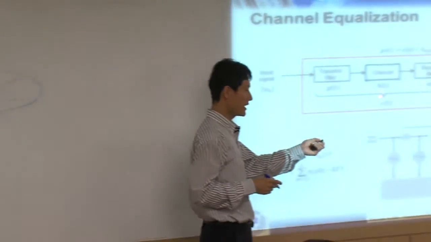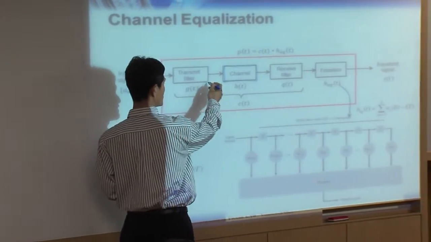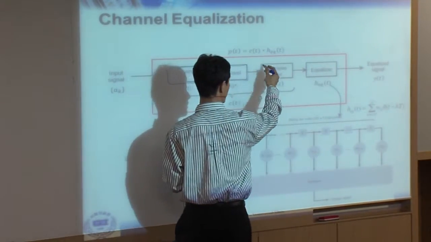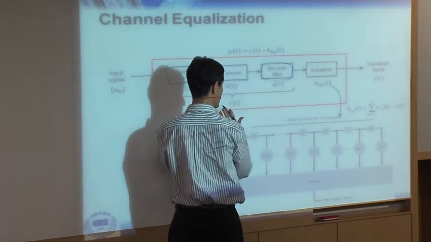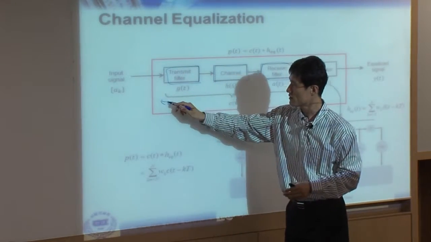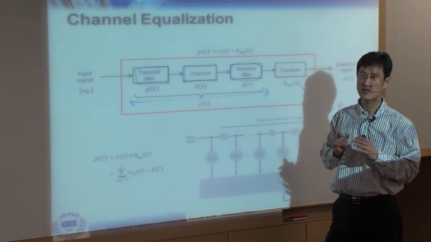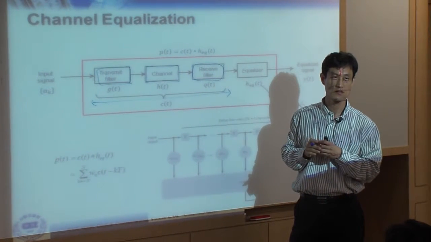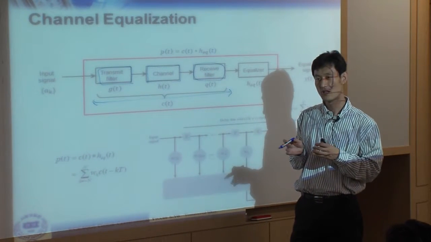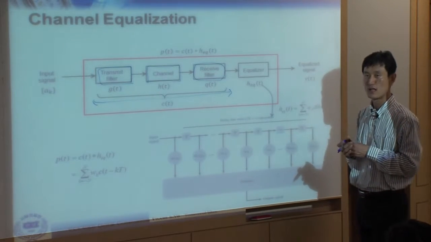Because of that, what we are doing is designing a transmit filter and receive filter, put together so that from here to here, we want to make it a perfect channel or Nyquist channel. Okay, that was our purpose.